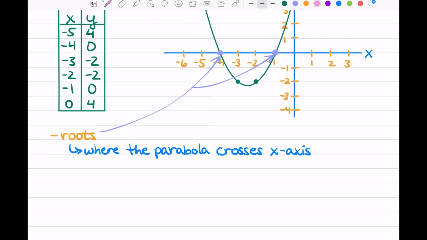The second important piece to consider with parabolas is this point right here. That point is called the vertex, and it is the lowest or highest point on the parabola.